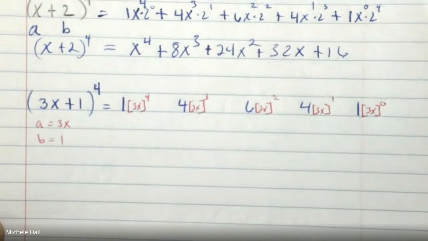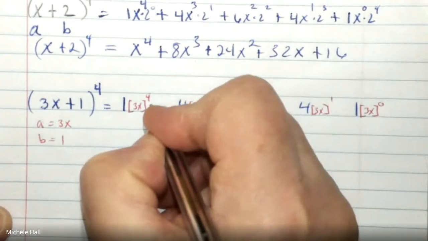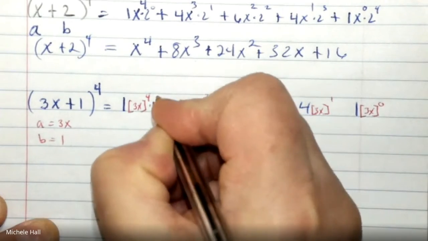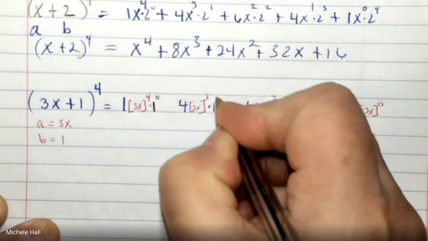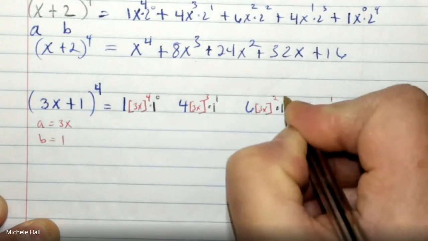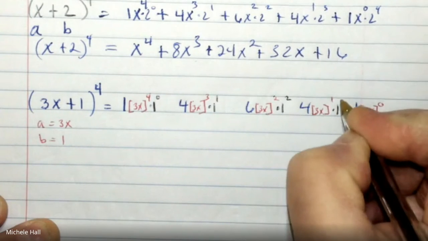Then I do my B term the same way. I am multiplying by 1, B is 1 to the 0, times 1 to the 1. Your exponents are going up.